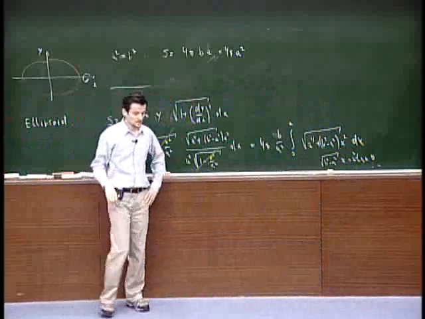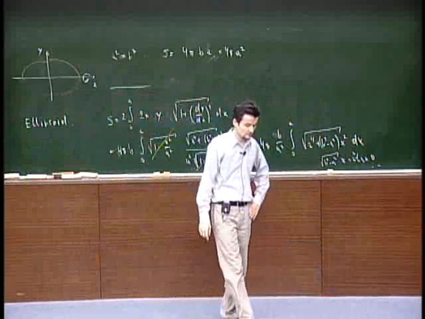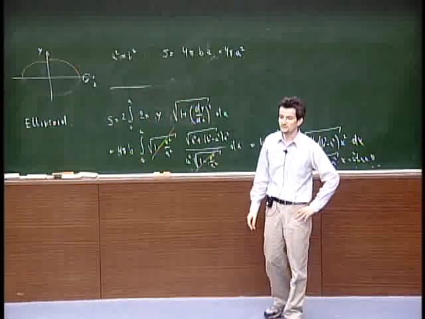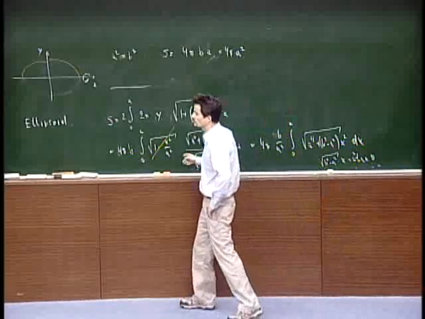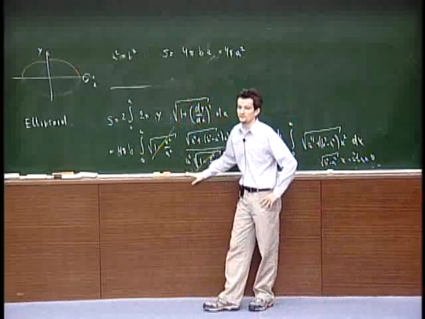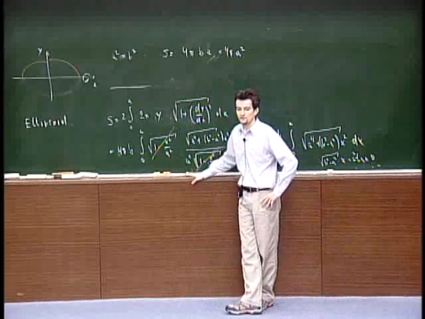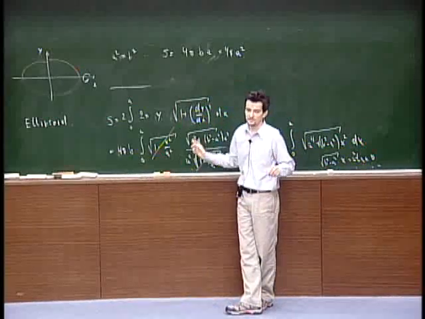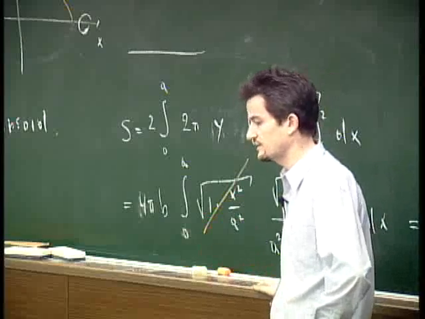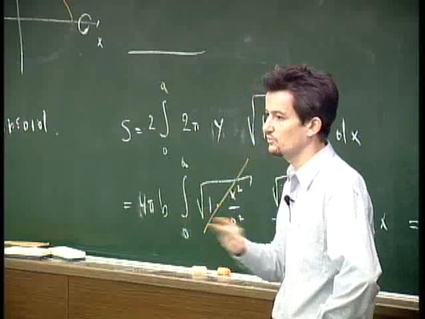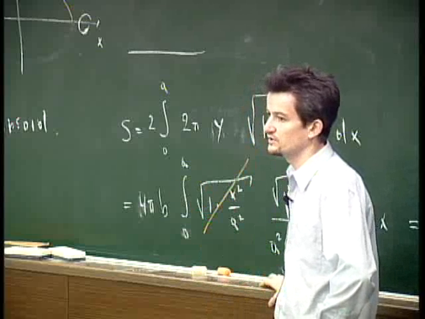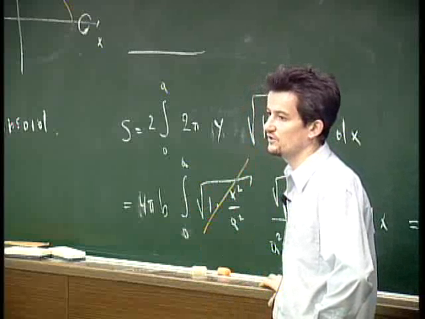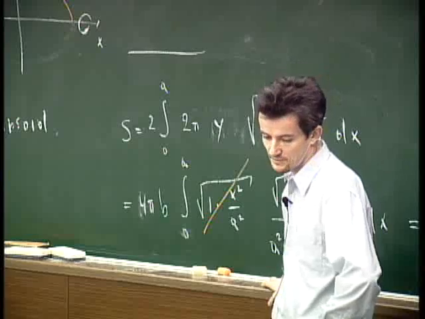The resulting surface of revolution is called paraboloid, and similarly, it's possible to find the surface area of the paraboloid. Also, if you take part of the hyperbola x squared minus y squared equal to 1 and rotate it about the y-axis, you can also compute the surface area of the resulting surface of revolution, which is called hyperboloid.